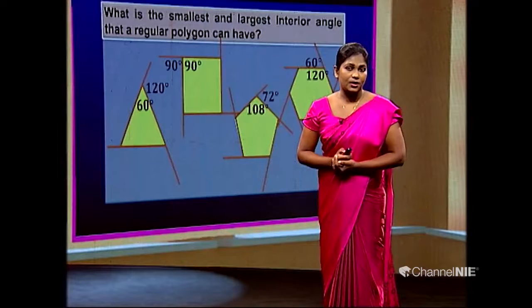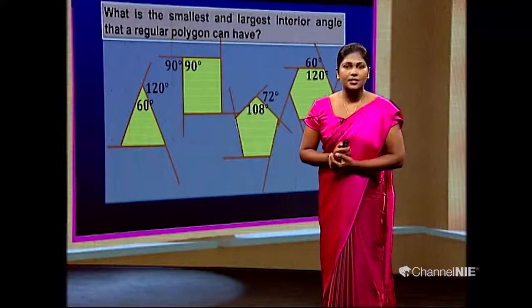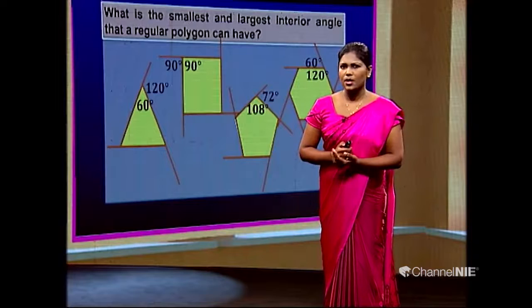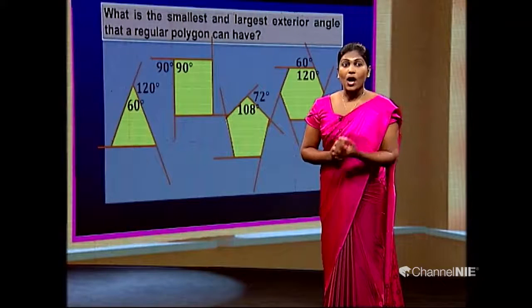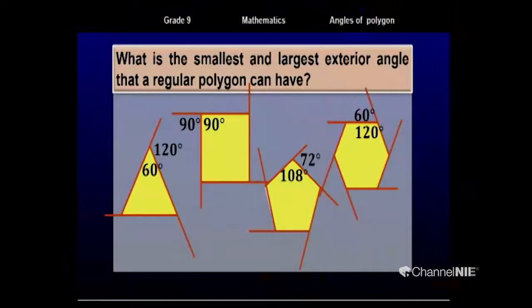Now you can note down that question. Okay children, this is the last question. What is the smallest and largest exterior angle that a regular polygon can have? Again, write down this question.